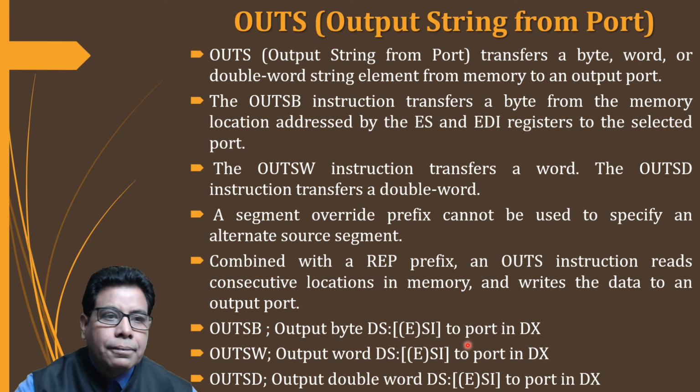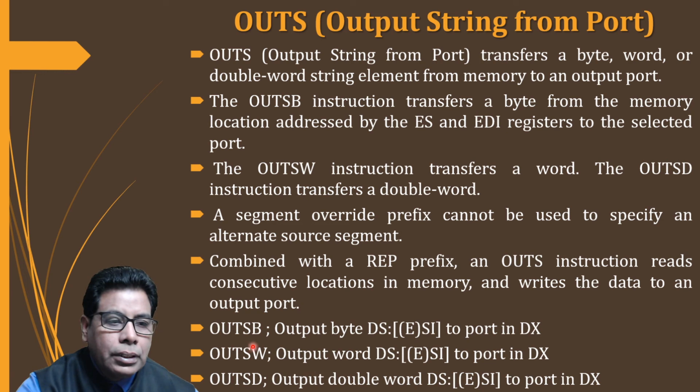So again, here OUTSB is for the string byte, OUTSW is for the string word, and OUTSD is for the double word. And again, if we are combining with the REP prefix, then it will make use of the consecutive memory locations and write the data to an output port.